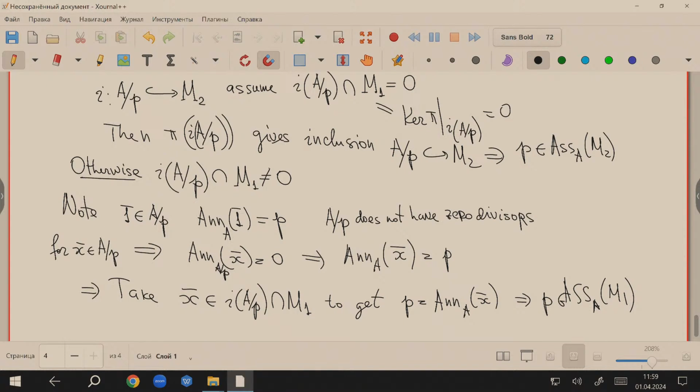but we have considered a submodule in A mod P with this kind of inclusion.